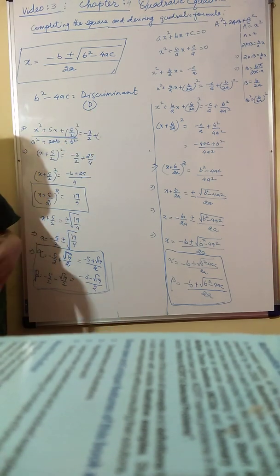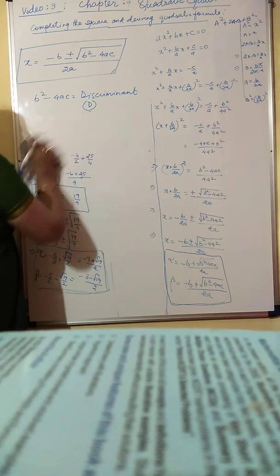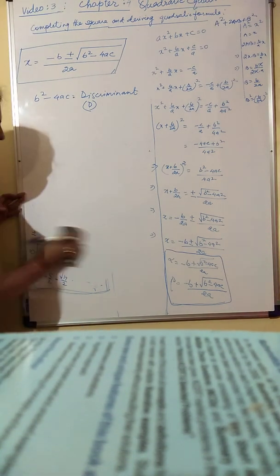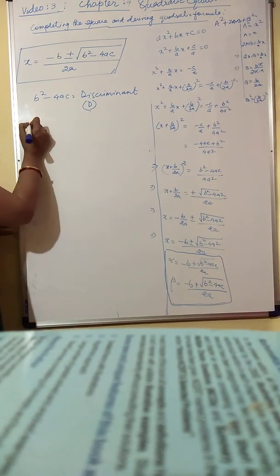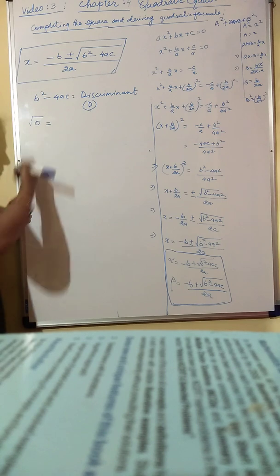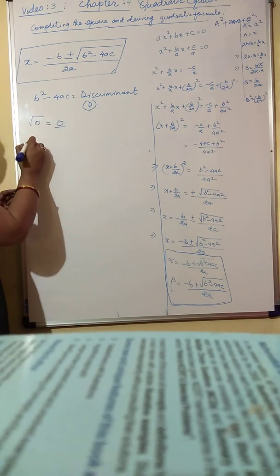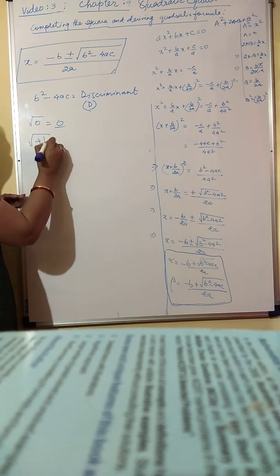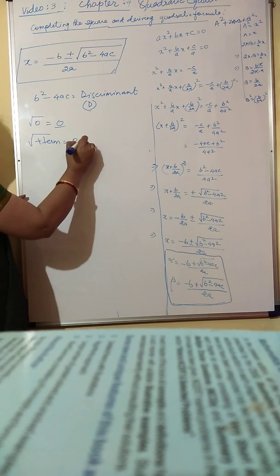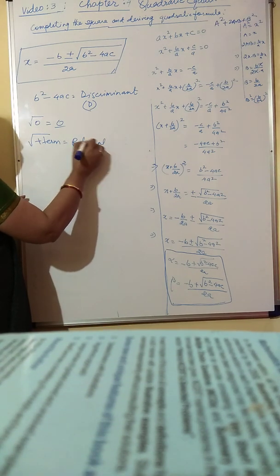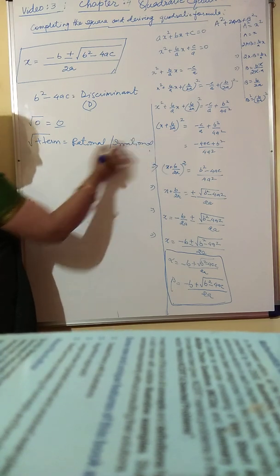What is the role of the discriminant? Now certain things you know about under the root is that if there is under the root 0, it has no value, remains 0. If there is under the root positive term, value can be rational or irrational, isn't it?